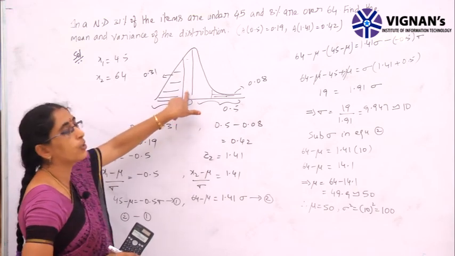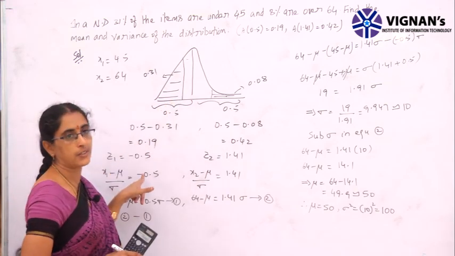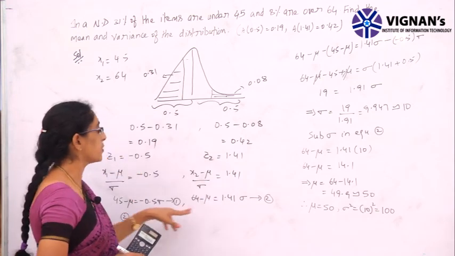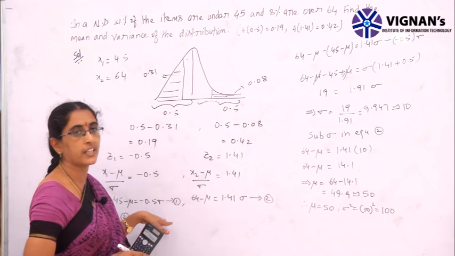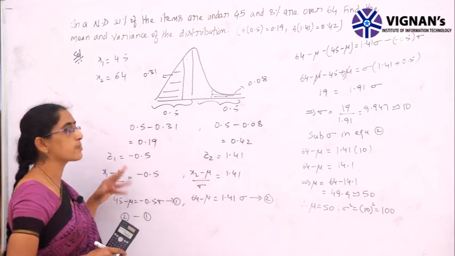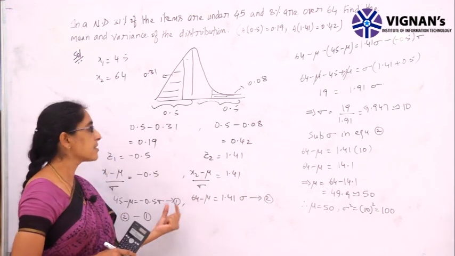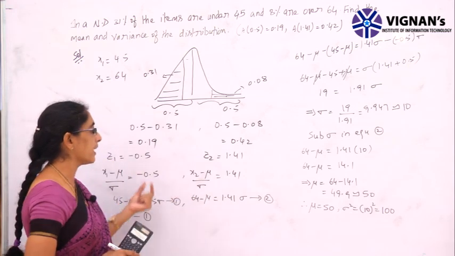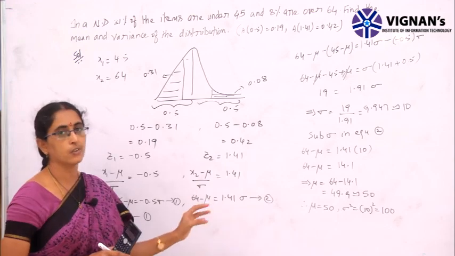For that value, obtain the ordinates using table values. Then consider the two equations by substituting in the ordinate formula z equal to x minus mu by sigma. Then subtract the two equations, you will get one unknown value, and substitute in any of the two equations, you will get the other unknown value also.